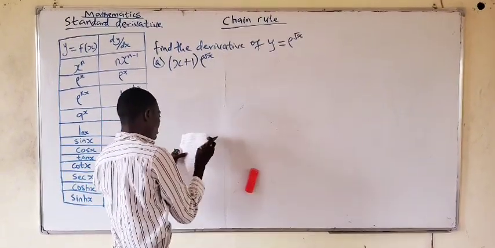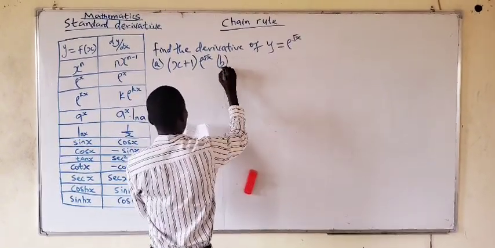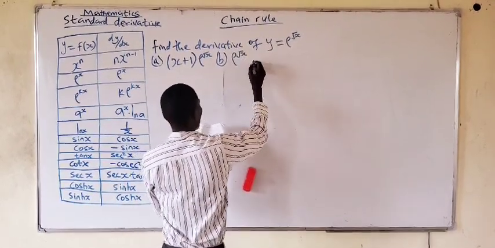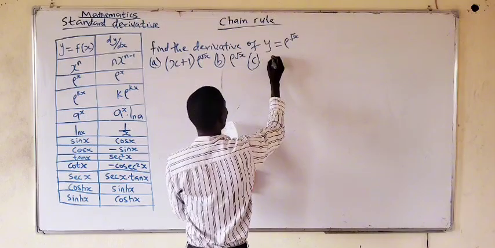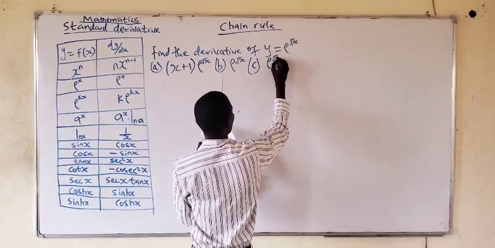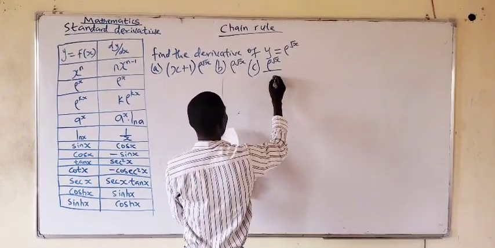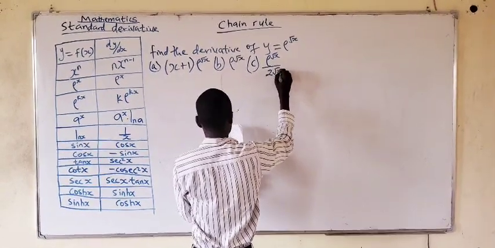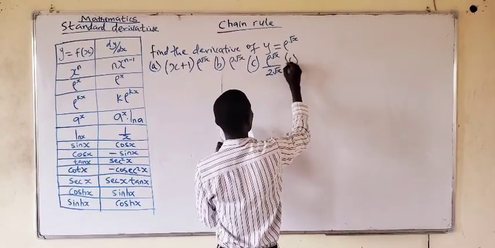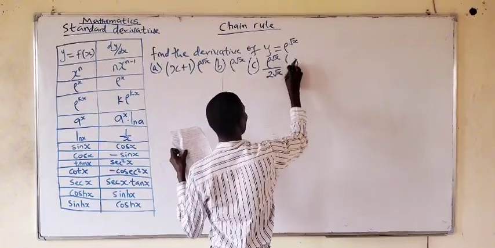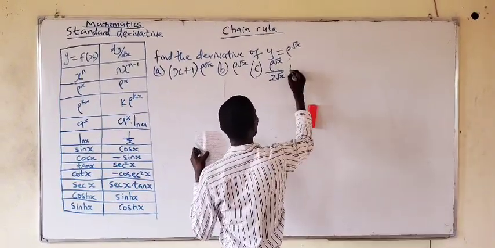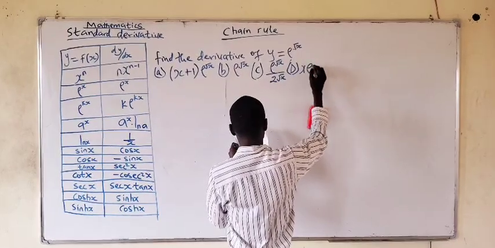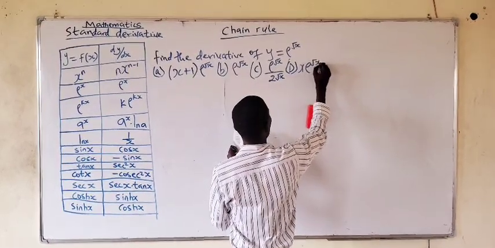They may give you similar options. B equals e exponential root x. C equals e exponential root x over 2 root x. And D, you may be given x e exponential root x.